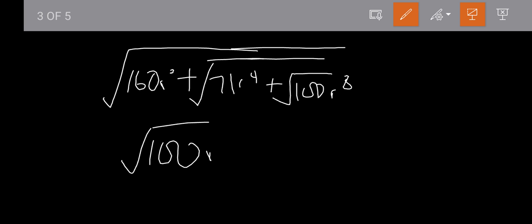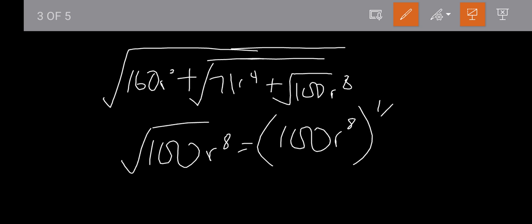So root of 100 r raised to power 8 is the same thing as 100 r raised to power 8, all raised to power 1 over 2. Remember, this is square root, so you don't need to put 2 there because it's already a square root. This can also be interpreted in the fraction index. Remember the laws? If I apply the power index, we multiply the powers.